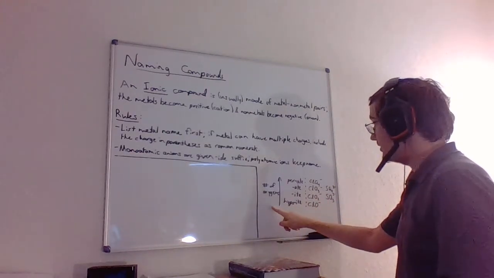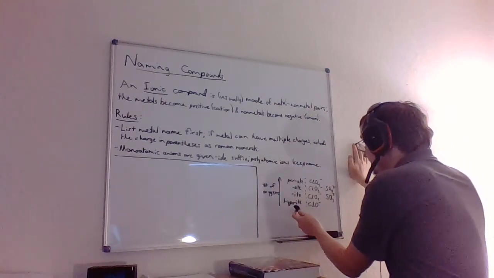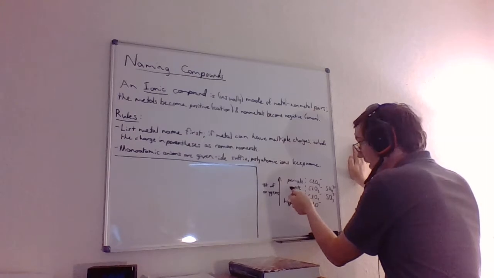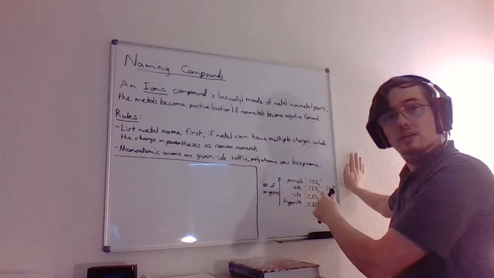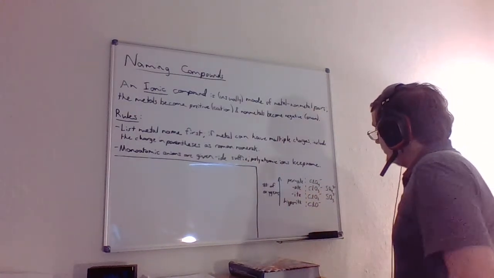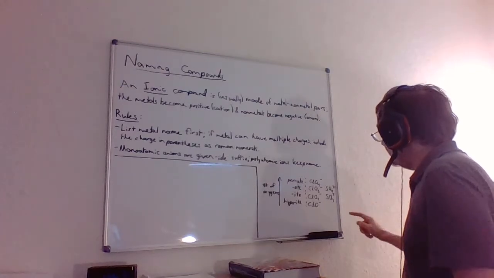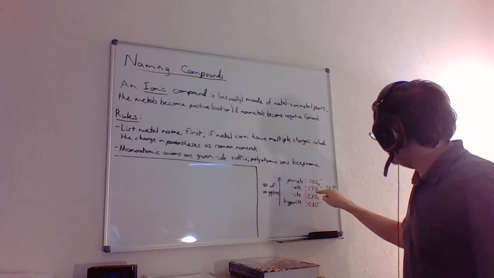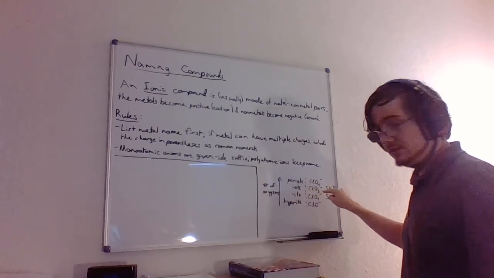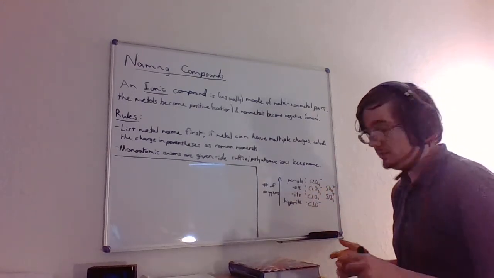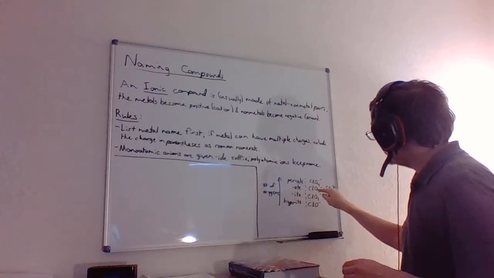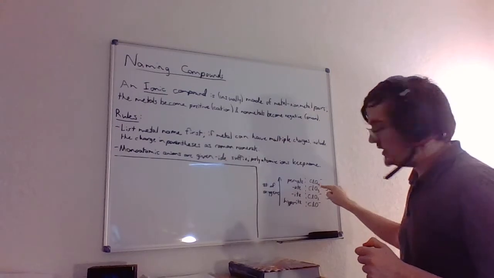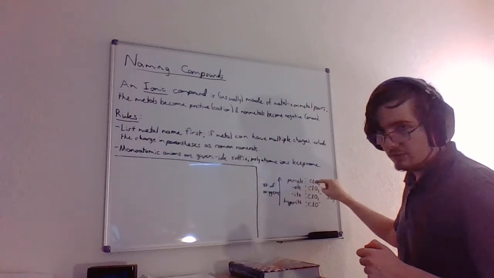As the number of oxygens increases, the prefixes and suffixes follow this pattern. So let's say that you knew that this was chlorate. So ClO3 minus is chlorate. You memorize that one. Then you could know ClO4 minus is perchlorate, because you see it's one more oxygen than the previous one.